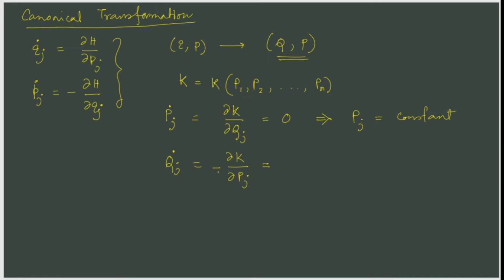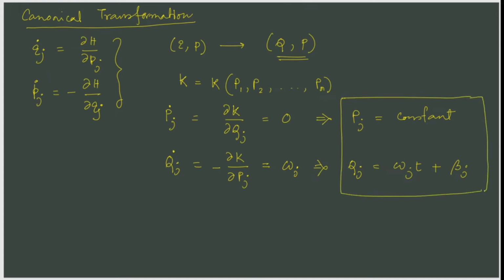After carrying out the partial derivative, we will get some constant coefficients. Now if these are constants, then the solution of Qj as a function of time is trivial. Here the beta j's we get from the initial condition at t equal to 0, so Qj is equal to beta j. Now you see, we have solved Hamilton's equations.